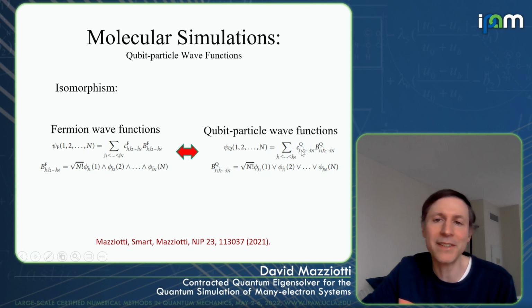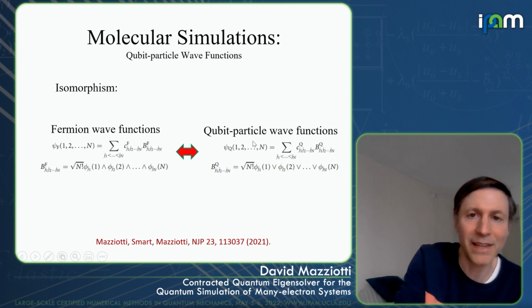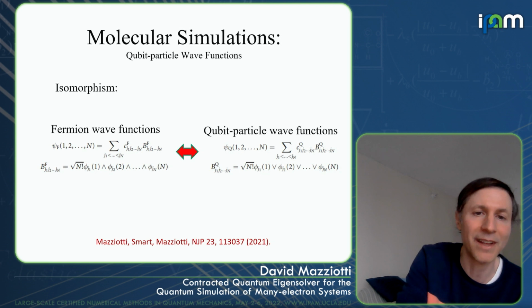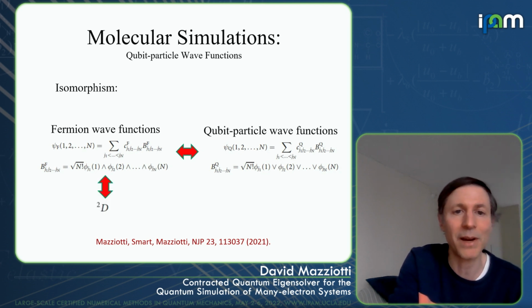And therefore, this expansion coefficient here has the same degree of complexity as the fermionic expansion coefficients here. That essentially proves that we have an isomorphism, or a bijective mapping, between these two sets of wave functions. And that's important because it shows that mathematically, we really have the same flexibility in the qubit particle wave functions that we have in the fermionic wave functions. Importantly, we don't have more flexibility, which could lead to optimization problems.